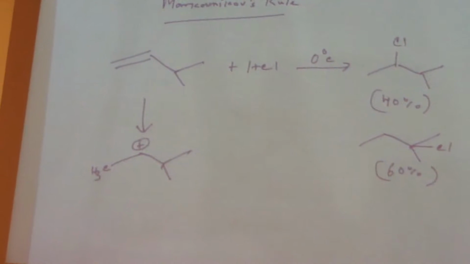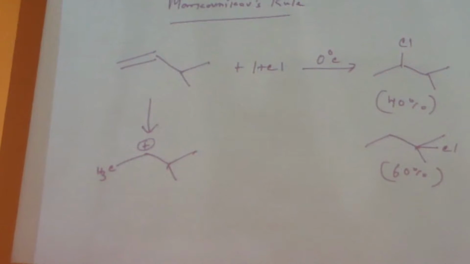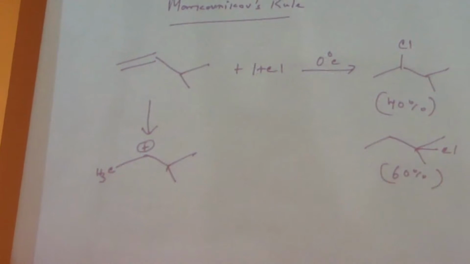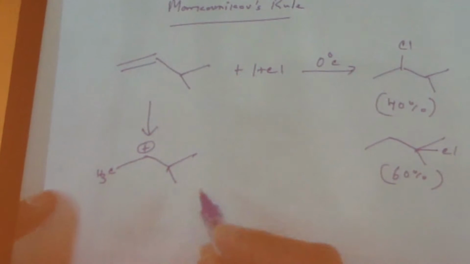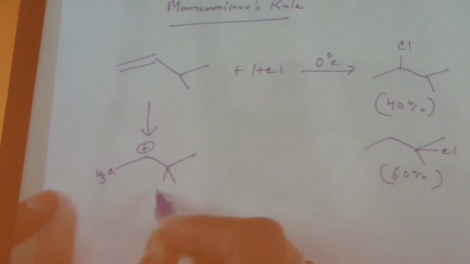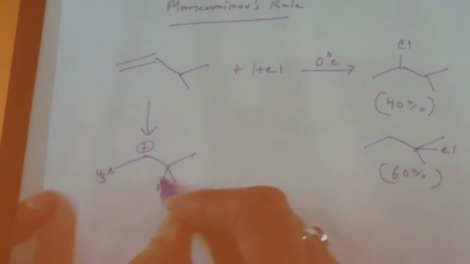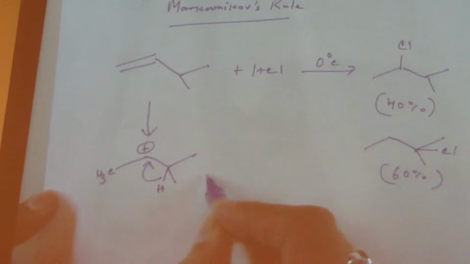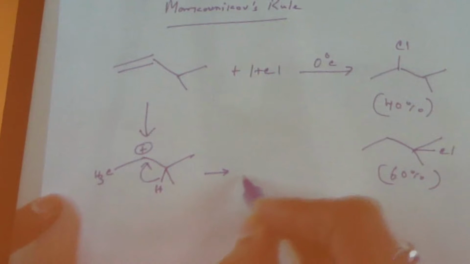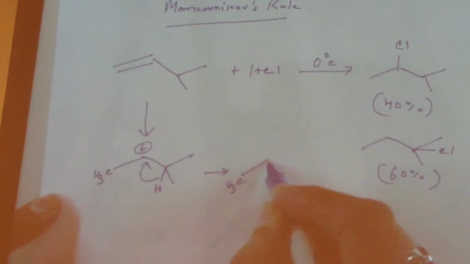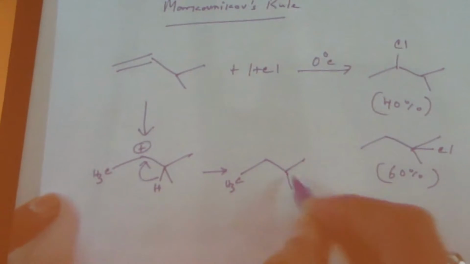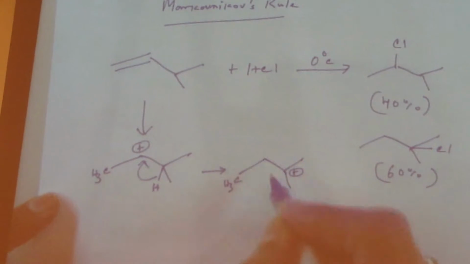And this carbocation can undergo a rearrangement, where this is a secondary cation. If it can become a tertiary, that would be the driving force. And indeed, that's what happens. You have a hydrogen here. The hydride shift can generate another carbocation.